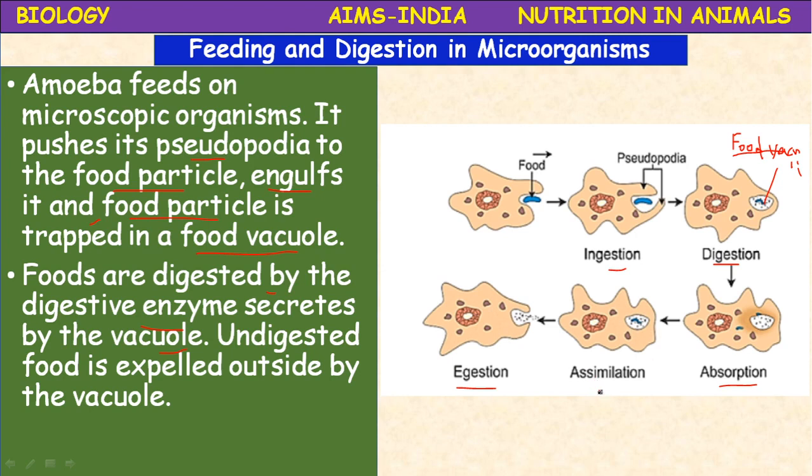Then it will assimilate, it will use it for different purposes, and finally undigested food is again expelled out from the food vacuole. That is called egestion. So this kind of nutrition is seen in the amoeba. It is a holozoic nutrition, which feeds on solid particulate food materials.